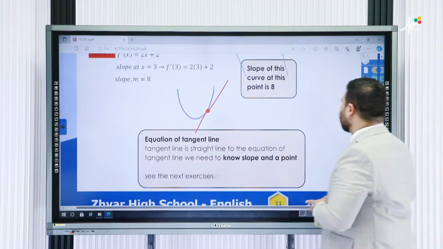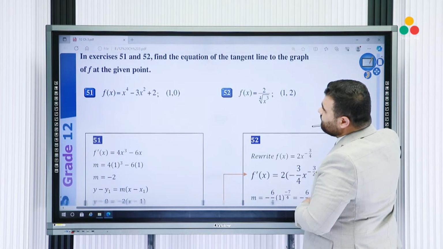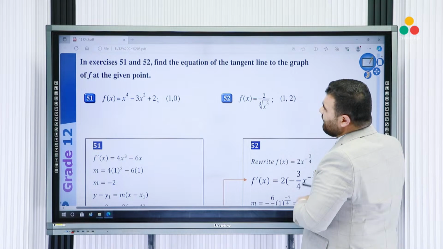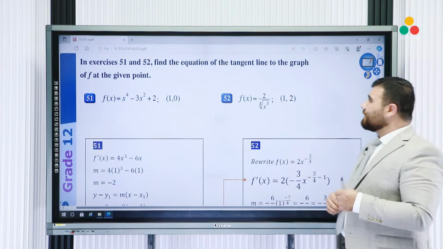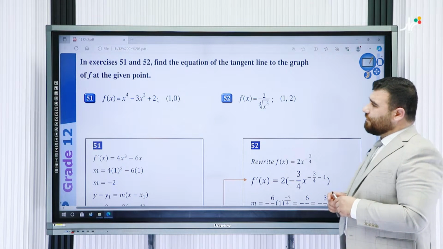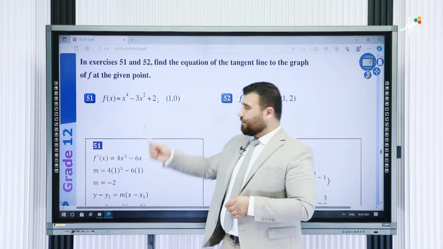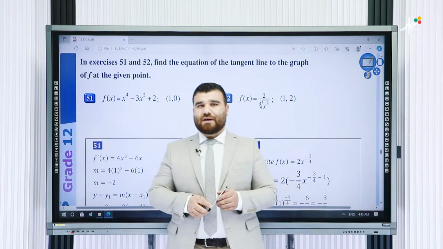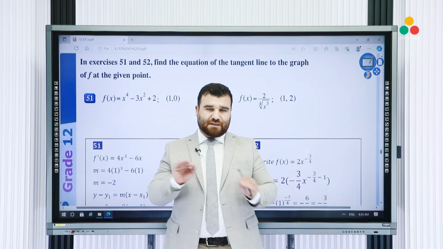Look at this example. In exercises 51 and 52, find the equation of the tangent line to the graph of f at the given point. This is a curve. This is a point. What should we do? We need to find the equation of the tangent line.